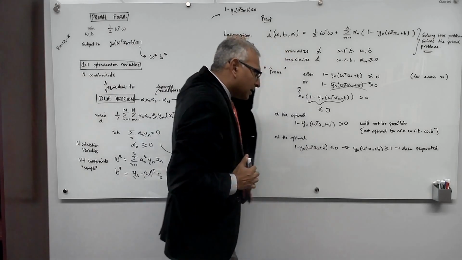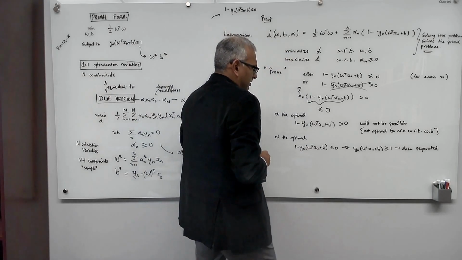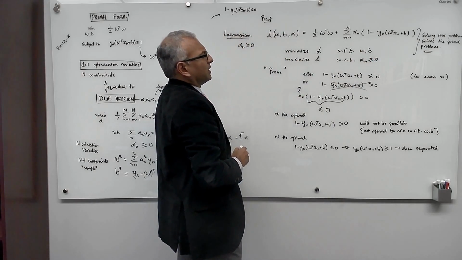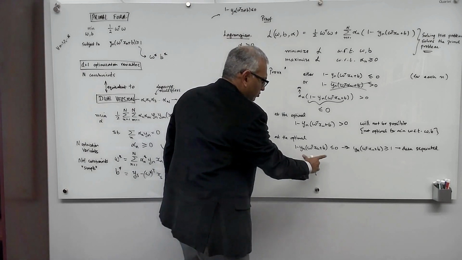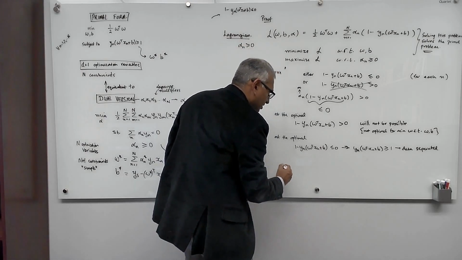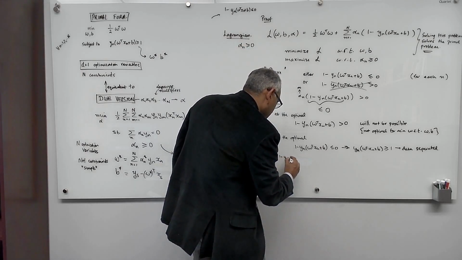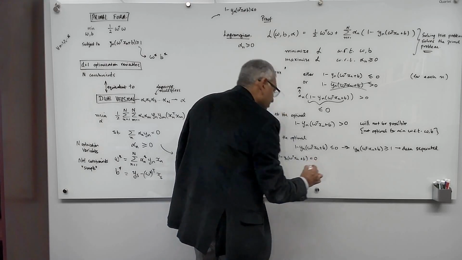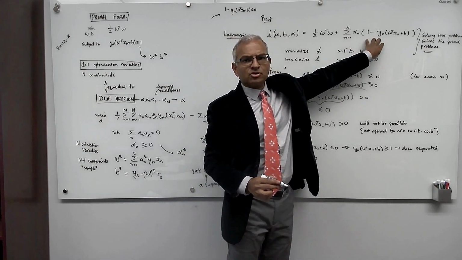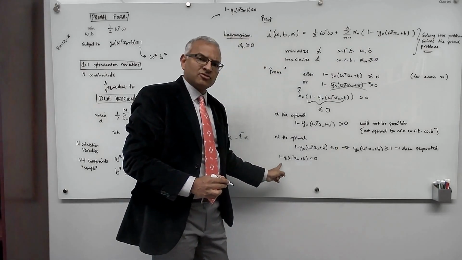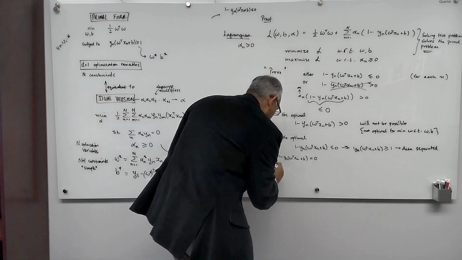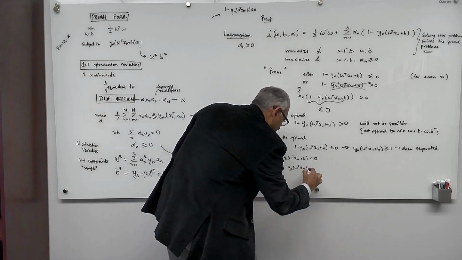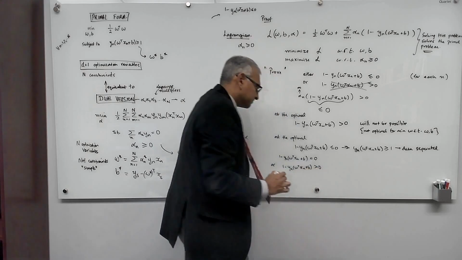Now let's look more closely at this term, alpha n (1 minus yn (w transpose xn plus b)). There are two cases. We know that this will always be the situation. So either 1 minus yn (w transpose xn plus b) equals 0, in which case the contribution to this sum for that term is 0, or 1 minus yn (w transpose xn plus b) is less than 0.